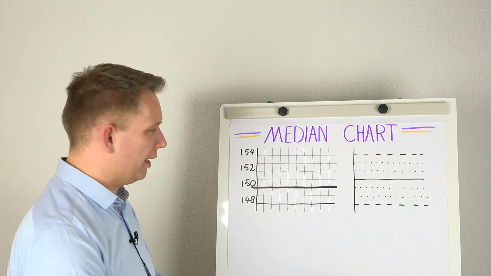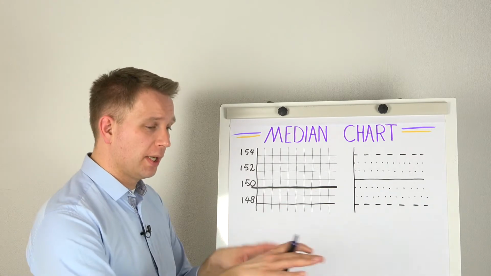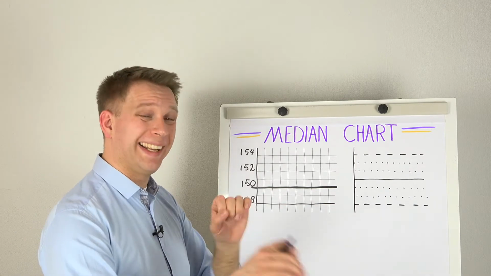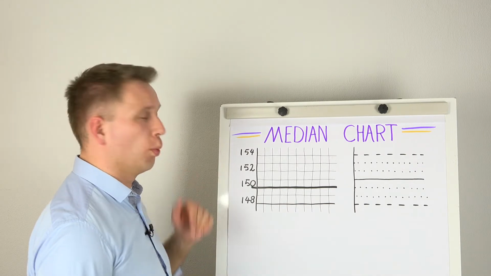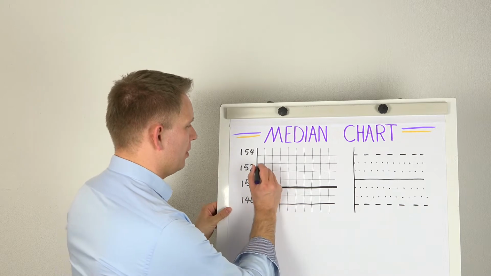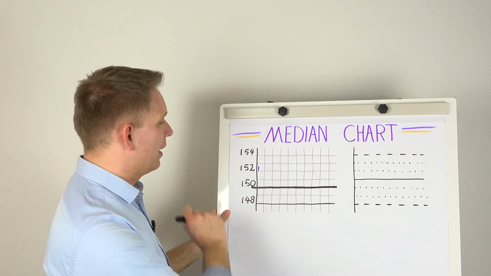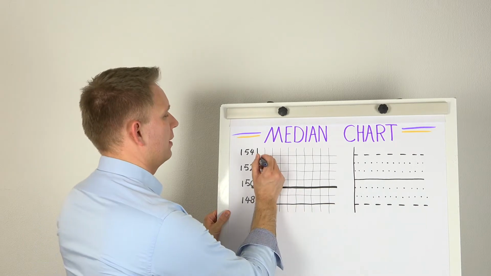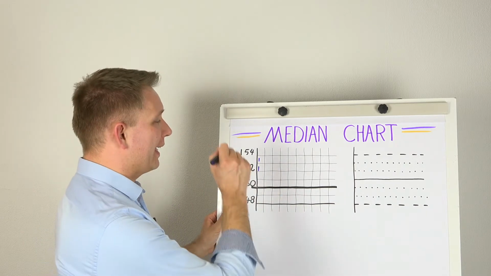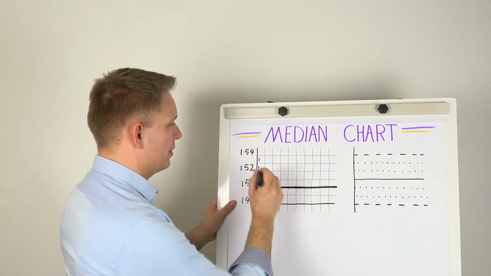But the setup's done, we're ready for normal production, we're running, and we're taking 7 samples. My first sample was 152 grams, so I just note that down. Then my second sample was a little bit heavier, 153, and like this I take 7 samples.